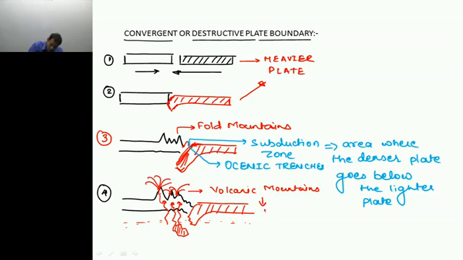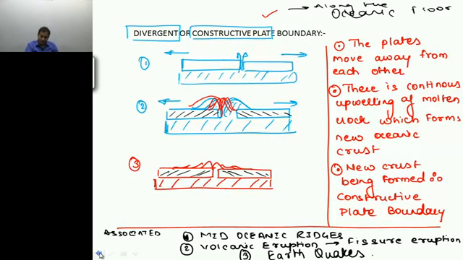So here the crust of the earth is destroyed, and here there are violent volcanic eruptions. Remember, in our previous diagram, the plate moves on its own.